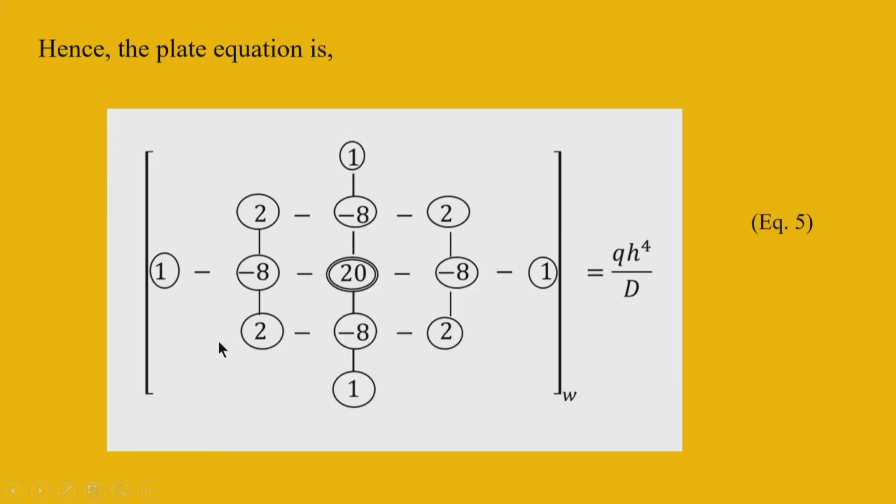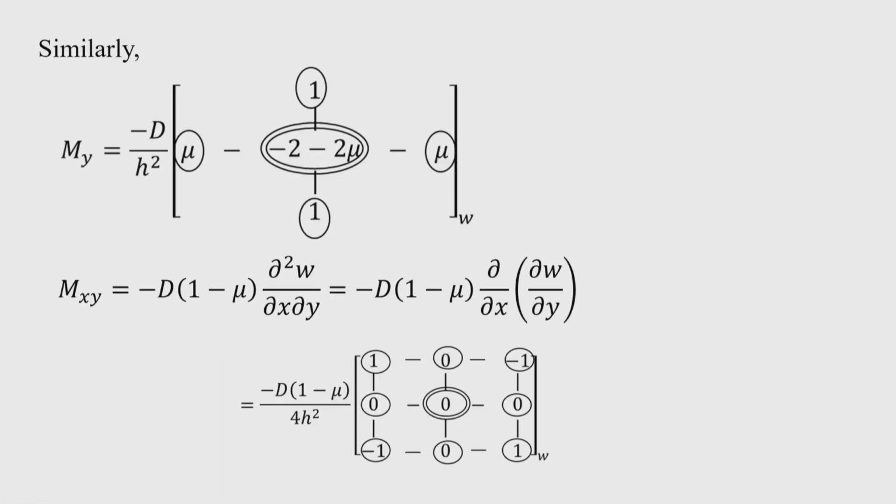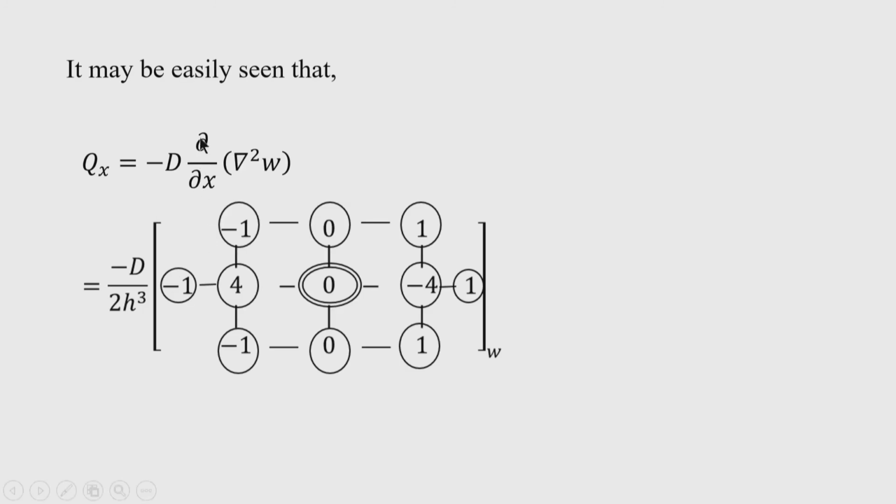So, once you find this del square w, then after taking the rate of change of del square w, we now get the shearing force Qx as minus D divided by 2h cube, bracket minus 1, 0, 1, then horizontal line you are getting minus 1 4 0 minus 4 1 minus 1 0 1.